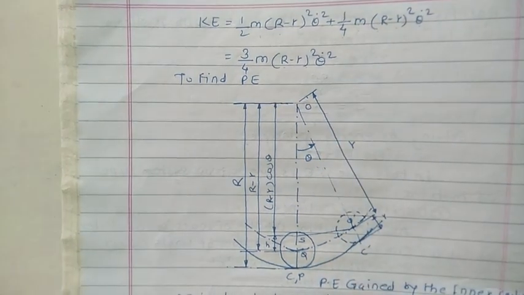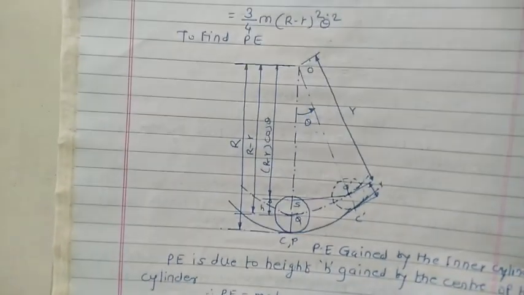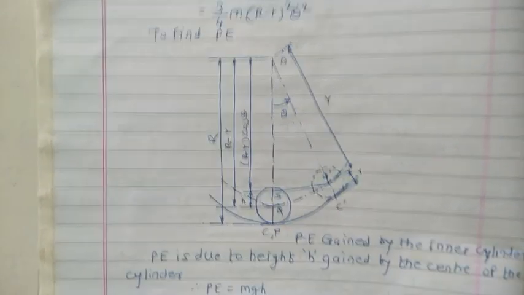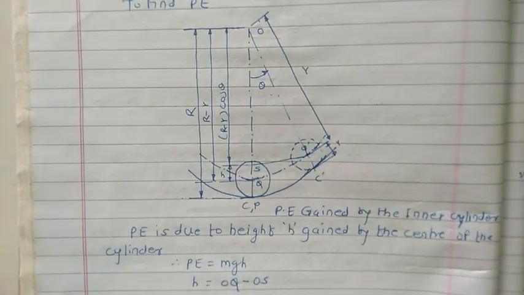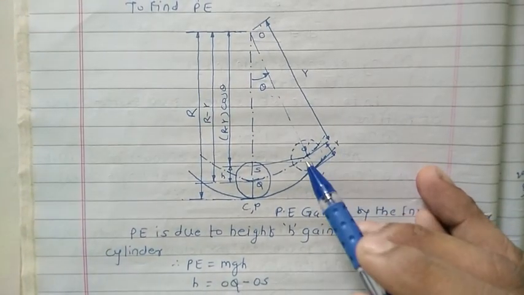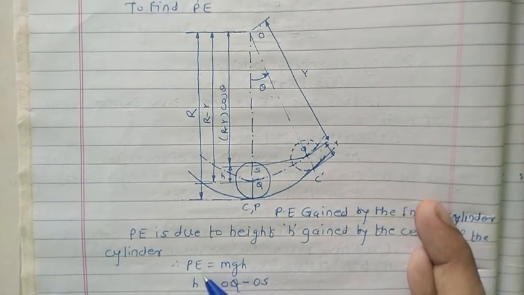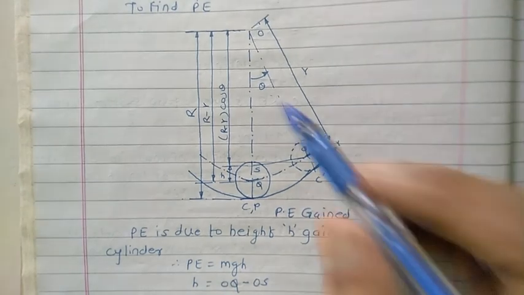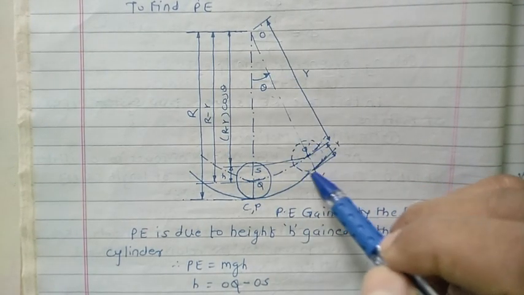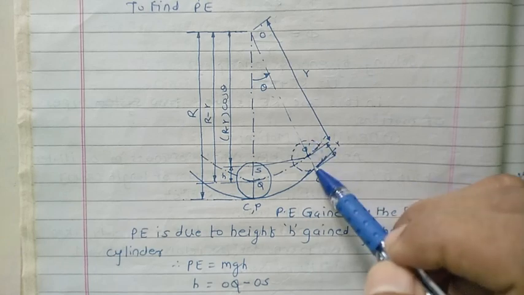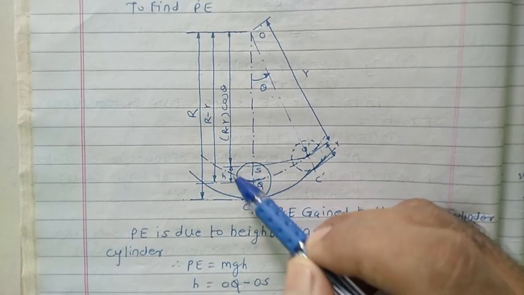Now to find out the potential energy possessed by that cylinder, because the cylinder moves to a certain height. Okay, by virtue of its height, whatever potential energy we get, we know the formula, potential energy equals to mgh. So when I displace this cylinder towards one side, whatever height we get is in this way.